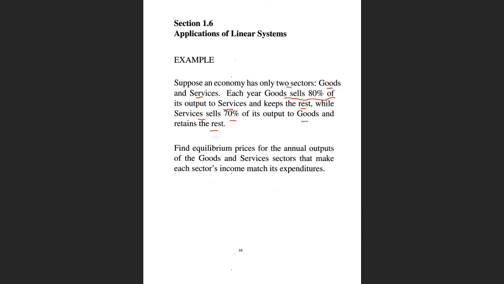But you can see there's an interaction between goods and services. Now, what we want to do is find what are called equilibrium prices for the annual outputs of goods and services sectors that make each sector's income match its expenditures.